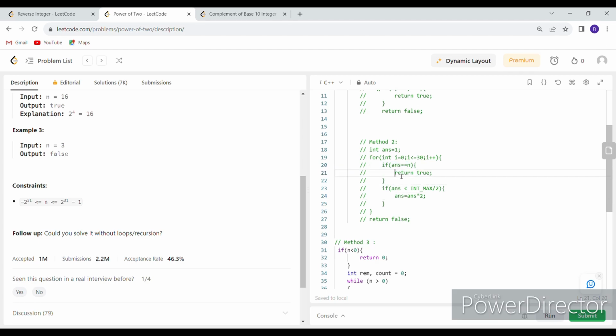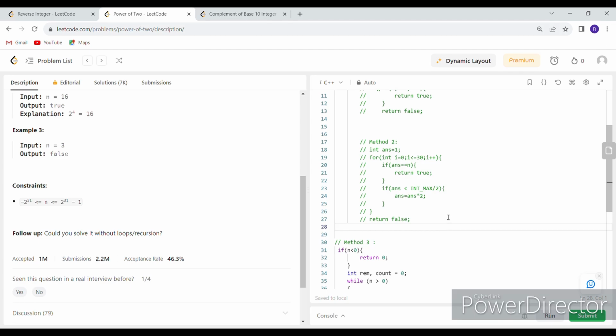Once the loop has executed from 0 to 30 and we come out of the loop, this means that we didn't find any number which can be expressed as a power of 2, because we have checked all of the powers and cannot find that number matching any of them, so we can simply return false.